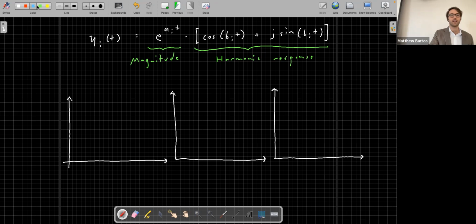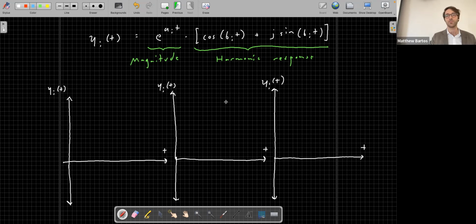Okay, so the y-axis is y_i of t, and the x-axis is t, time.